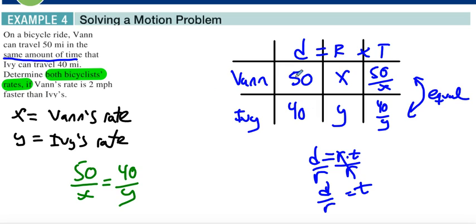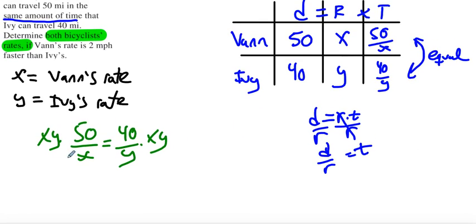And the distances are not the same either. So this is how we write one of our equations. I'm going to cross multiply by xy so we have something easier to work with. The x's cancel, leaving 50y on the left. The y's cancel, leaving 40x. We're going to use that one.